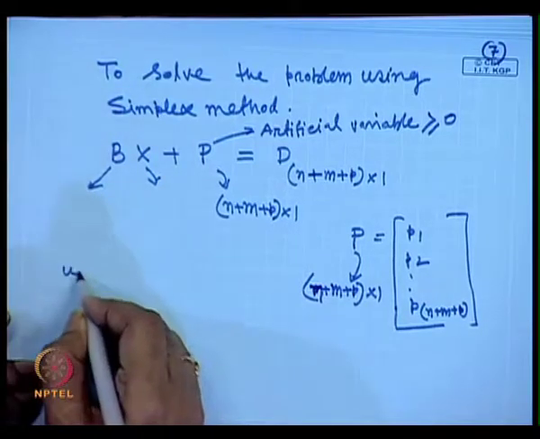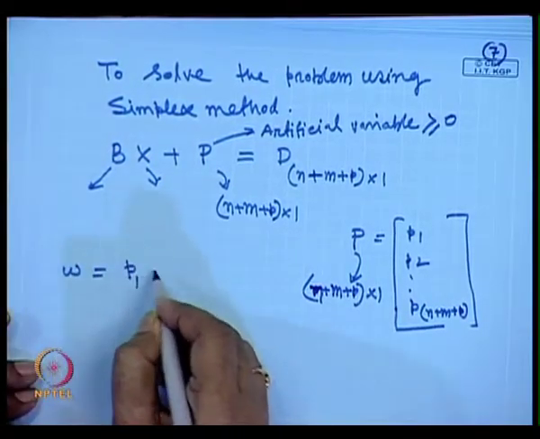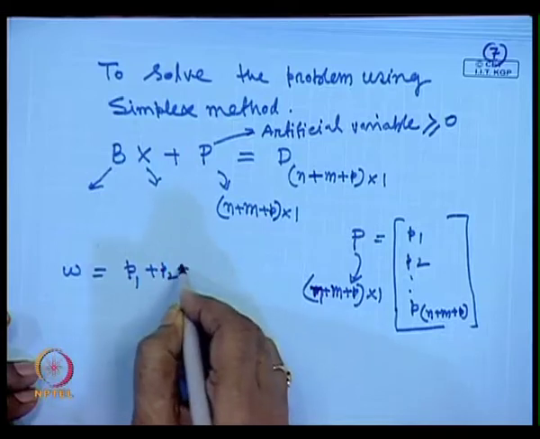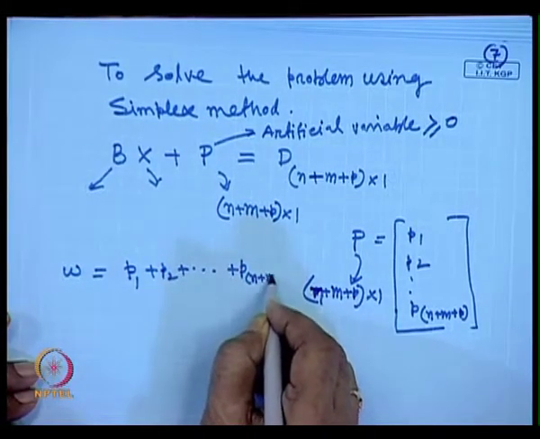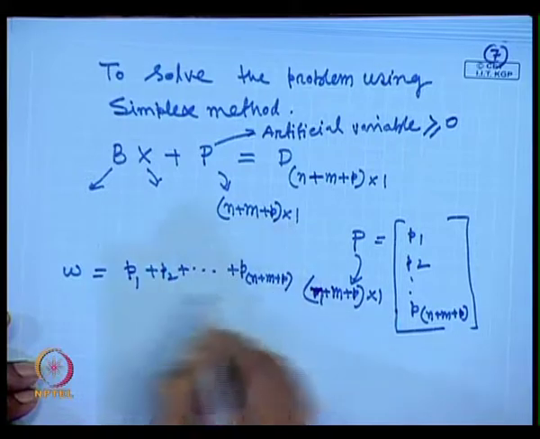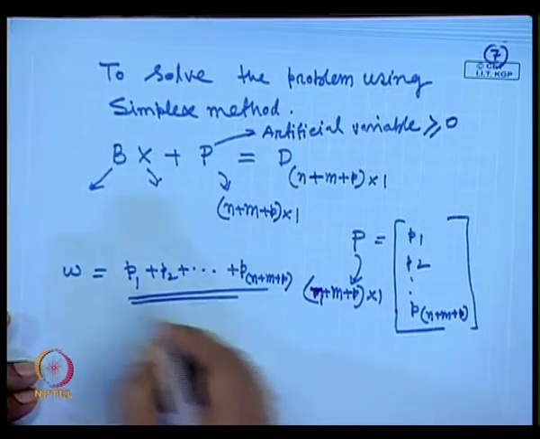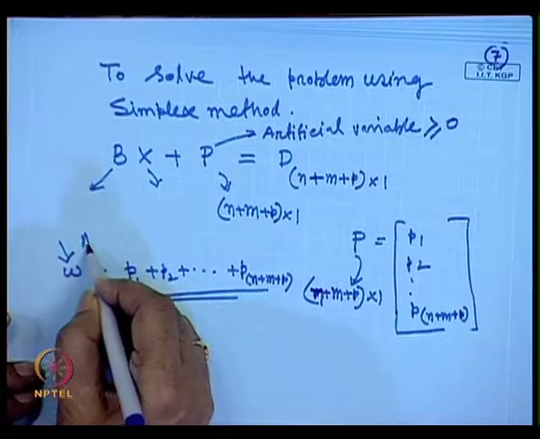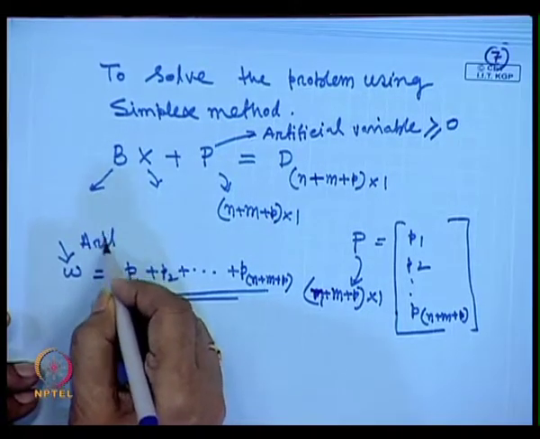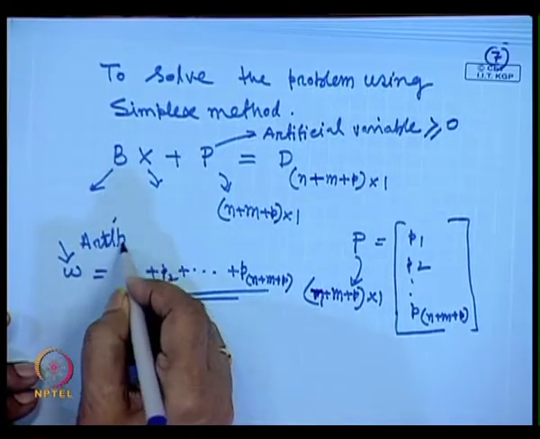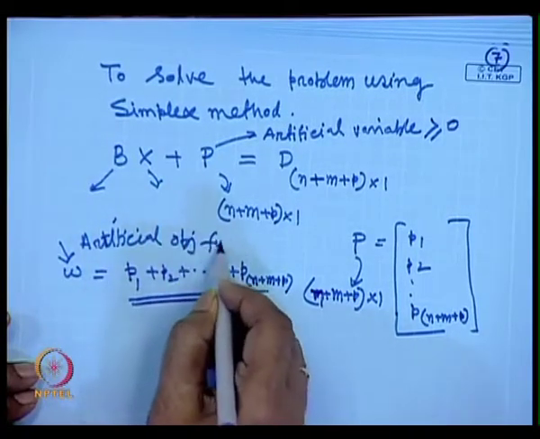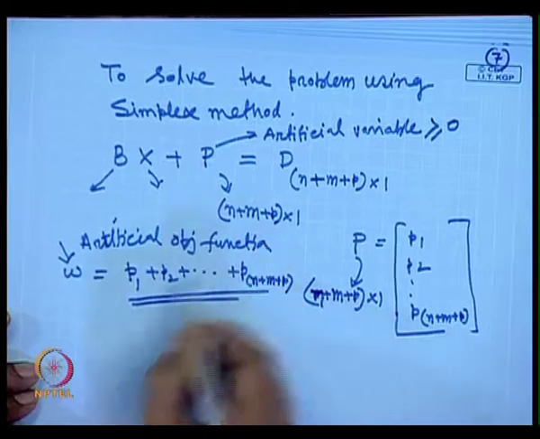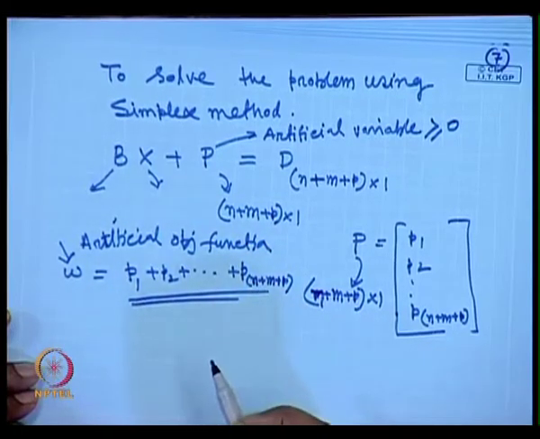So, W is nothing but our objective P 1 plus P 2 plus up to P n plus m plus p. This is our objective function. That objective function is called the artificial objective function.